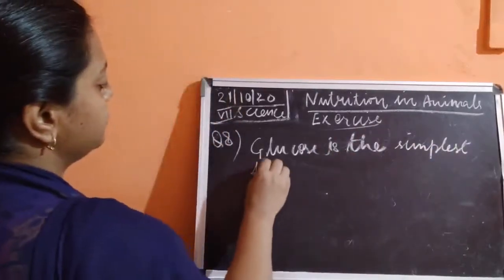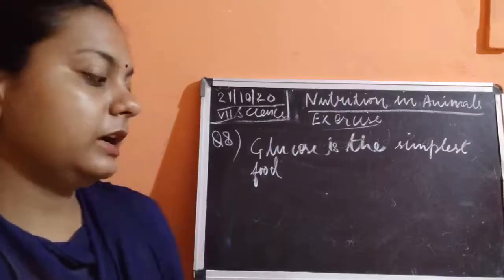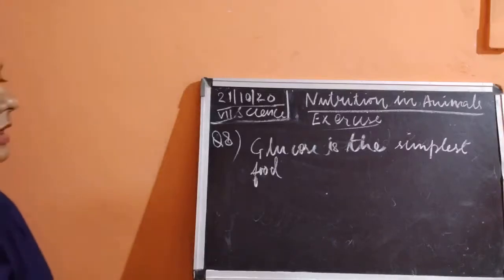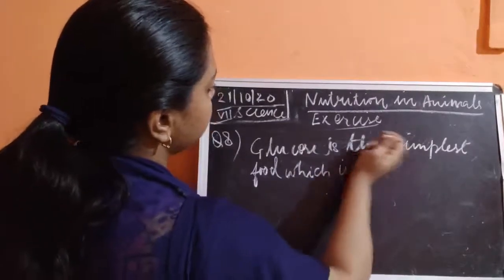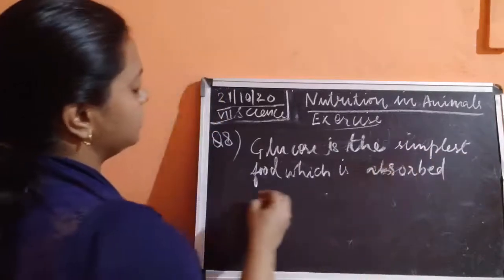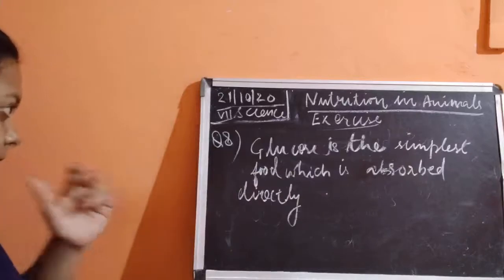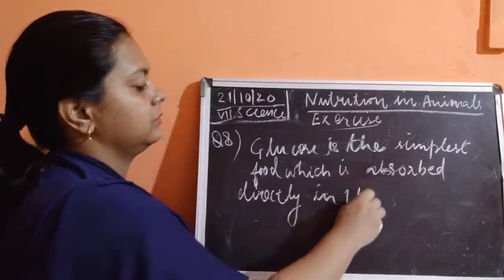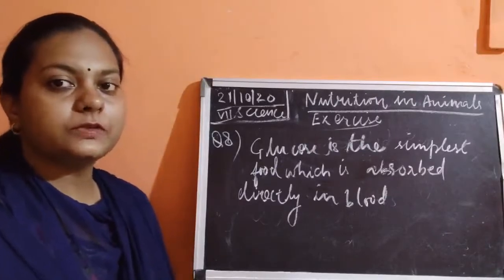It is the simplest form of carbohydrate, the simplest food, which is absorbed directly in the blood and gives energy to the body.